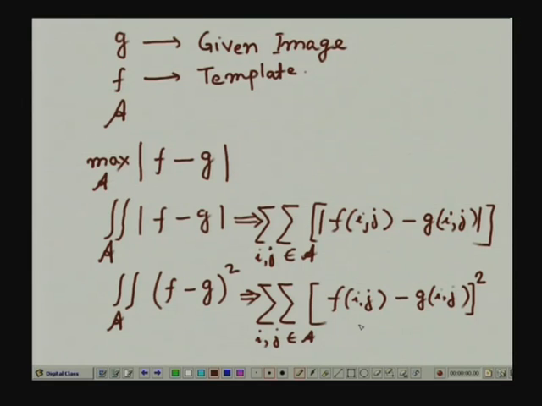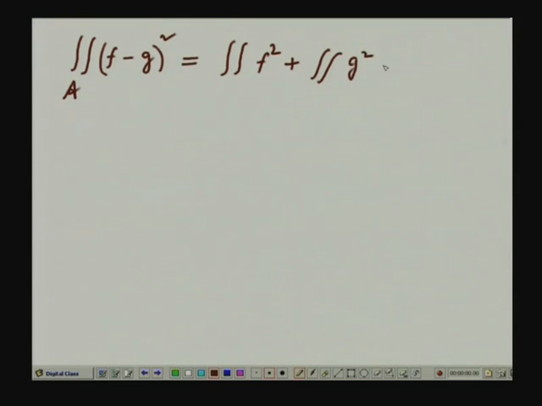Now, out of these three different measures, it is the last one, f minus g square integration, that is very interesting. If I expand this term, f minus g square double integration over the region A, then this becomes double integration f square plus double integration g square minus 2 into double integration f into g.